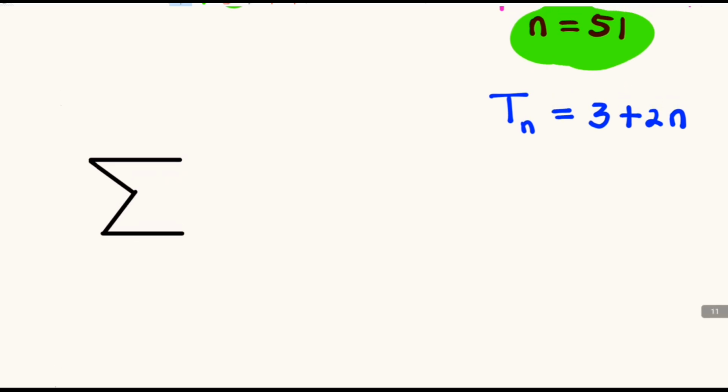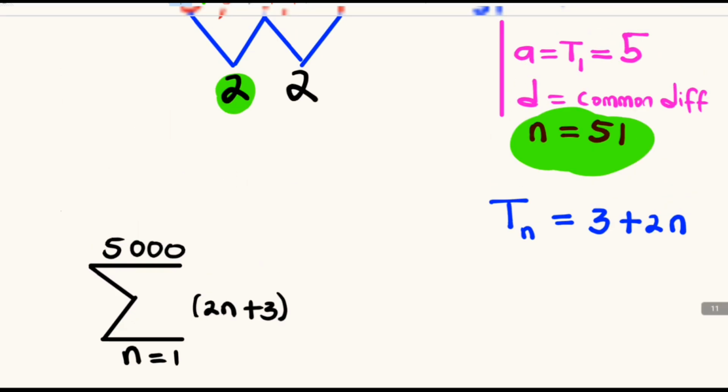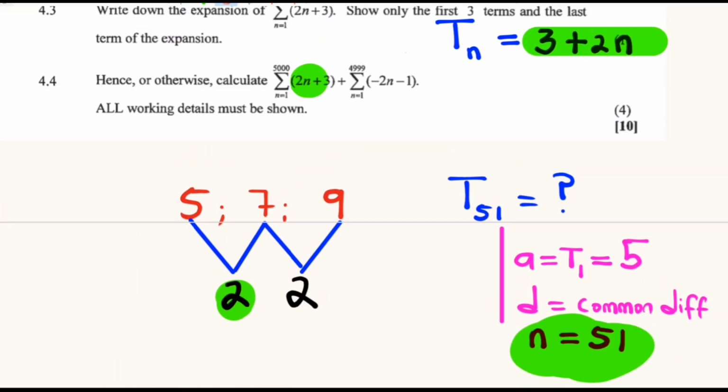So the first sum is from n equals 1, and this is the sum of 2n plus 3 or 3 plus 2n up until n equals 5,000. There are two summations. We first determine the first one, and we will add this to the other summation which we will determine later on.